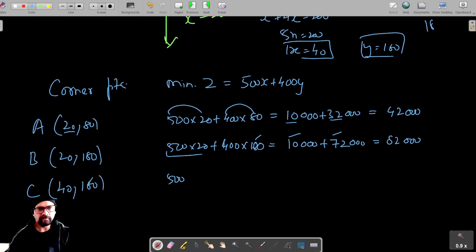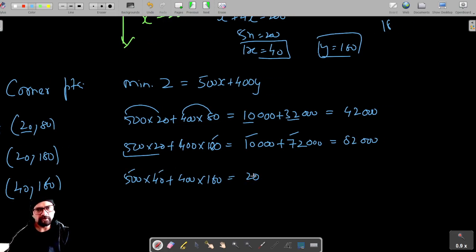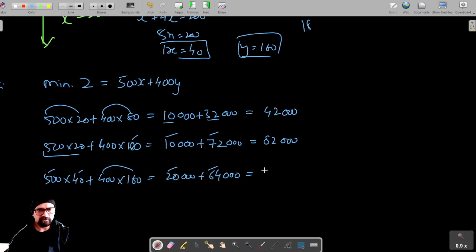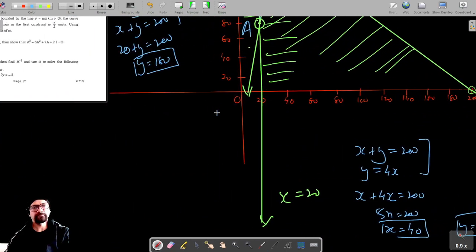So this is 500 into 40 plus 400 into 160. 5 fours are 20 and 3 zeros, plus 16 into 4 is 64 and 3 zeros. So 64 plus 20 is 84,000.